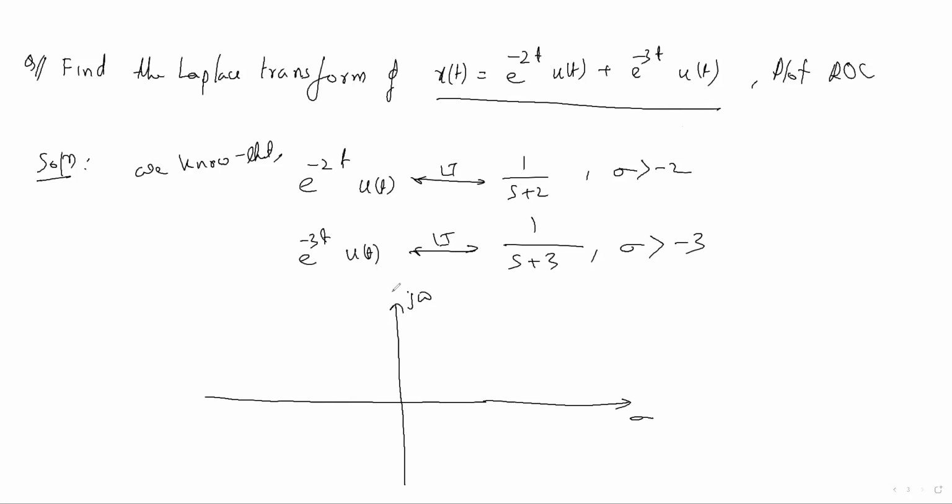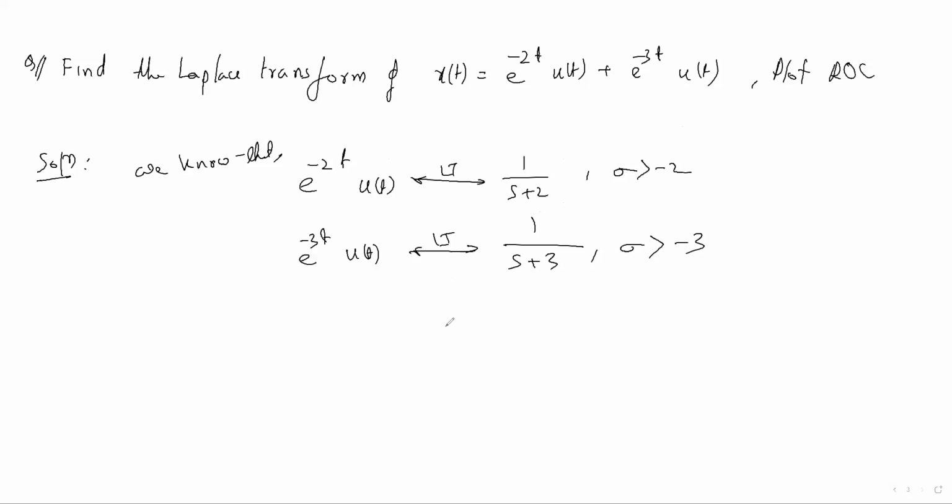For this signal, how many poles are there? There are no zeros, I think, isn't it? So let me write another step, otherwise you may be confused. So these two things we have got. And what is the resultant Laplace transform? The resultant Laplace transform is nothing but the sum of these two, meaning 1 by s plus 2 plus 1 by s plus 3, isn't it?